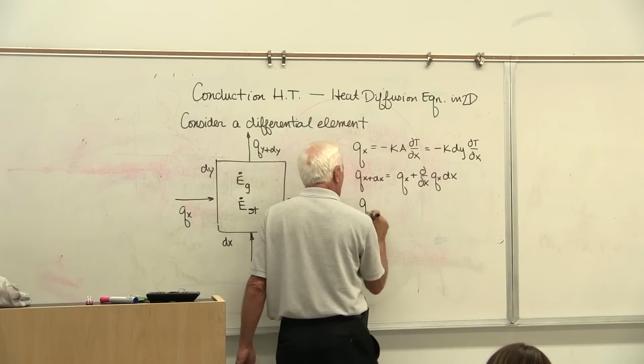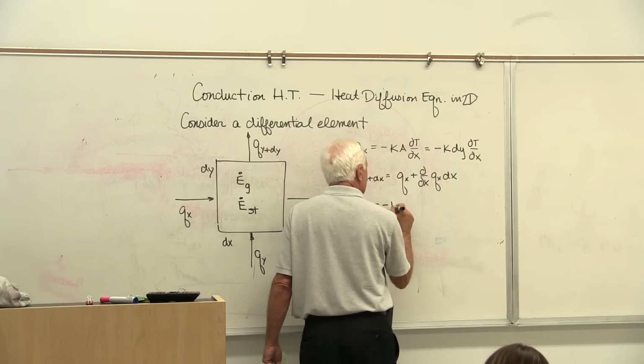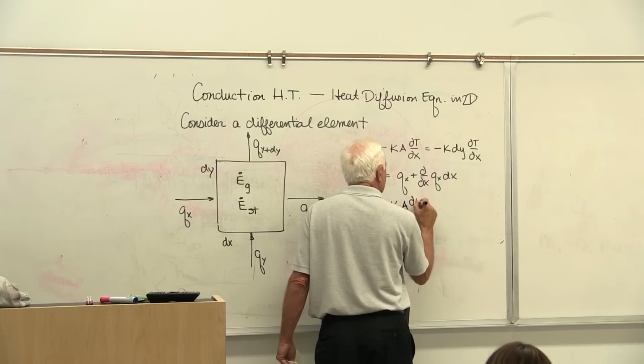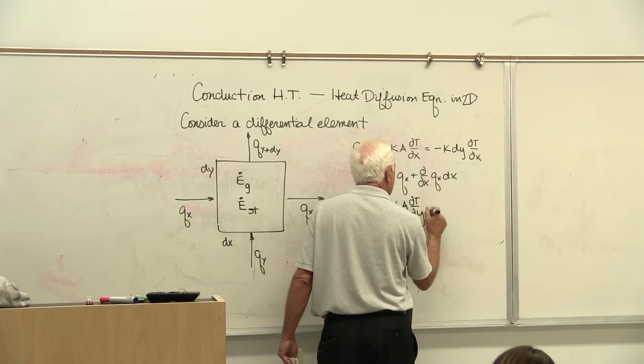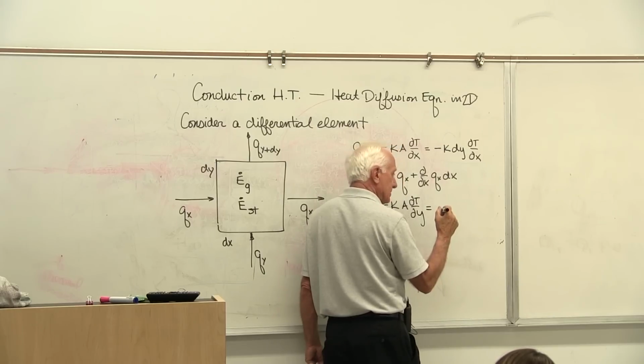Similarly, conduction in the y direction, Qy, is minus k A dT/dy. In this case, the area is dx by 1.